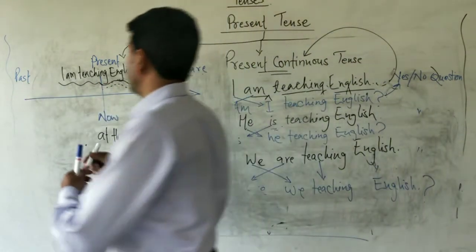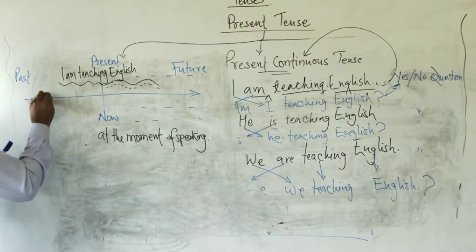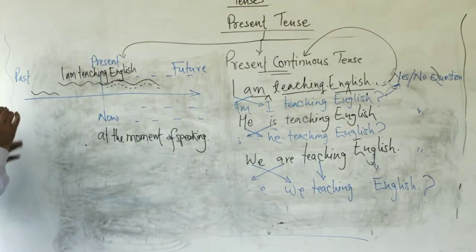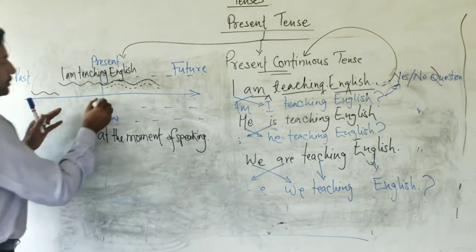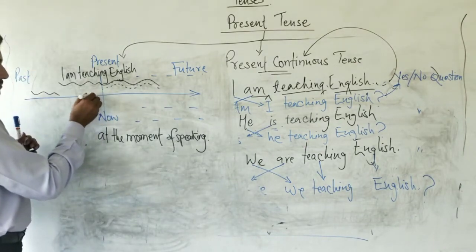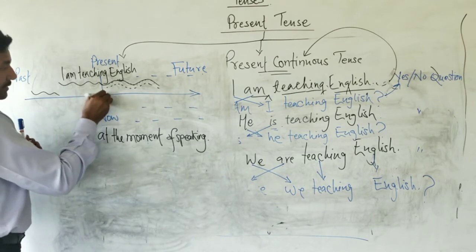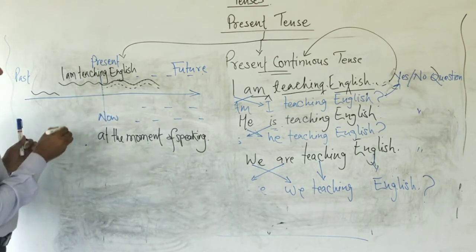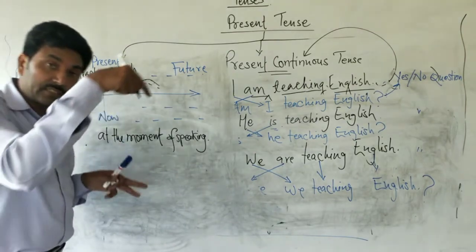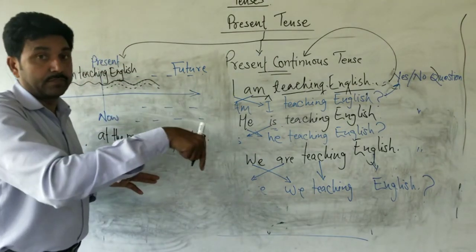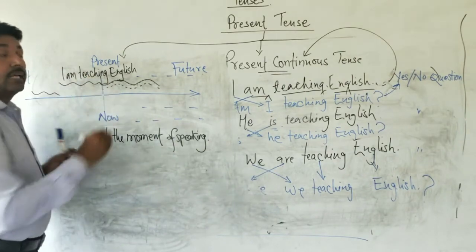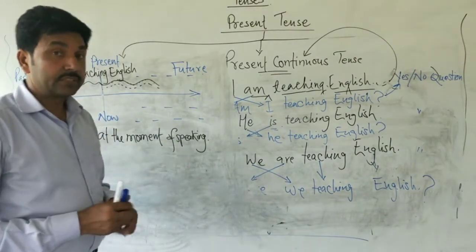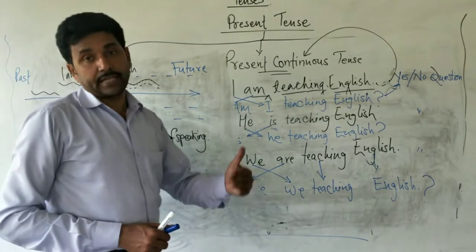You can't show it here, no, it will be past. This will fall in the past. You can't show it only at this point, because that is a point in the timeline. So this is wrong. You have to show that the present continuous tense is in the middle of the action, not completed yet.